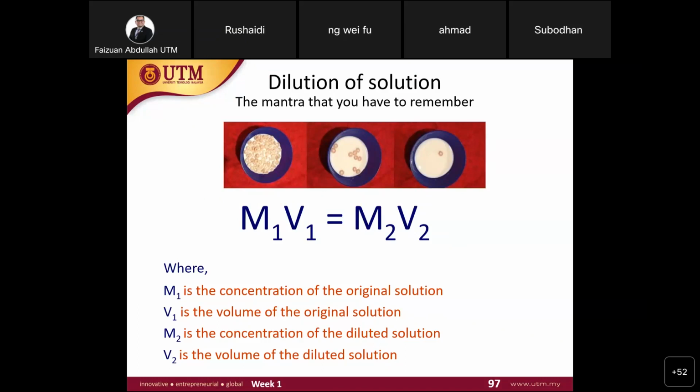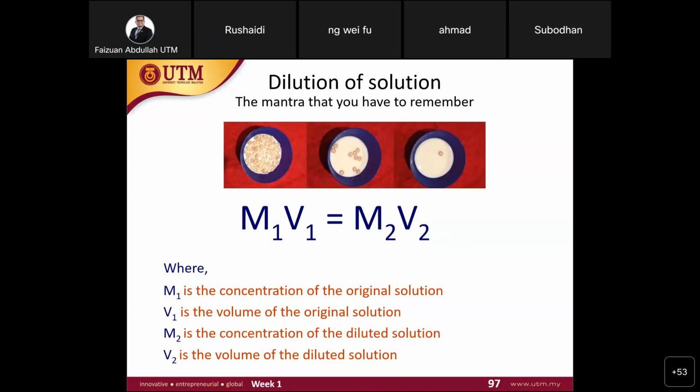So let's say you have a 1 molar original solution. Now you want to prepare 0.5 molar of the solution in 100 ml, meaning that you need 100 ml of 0.5 molar of that original solution.